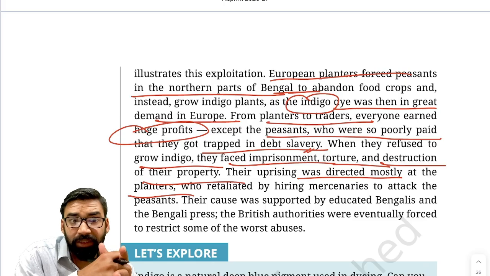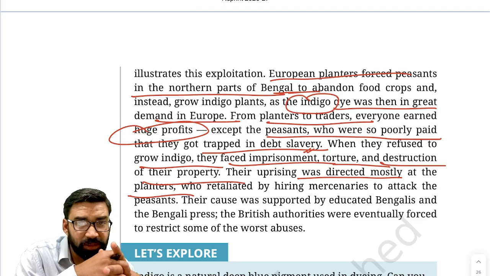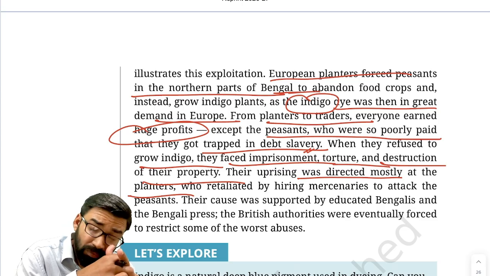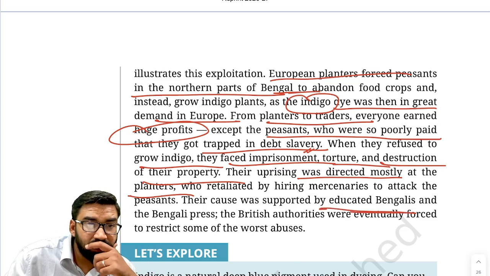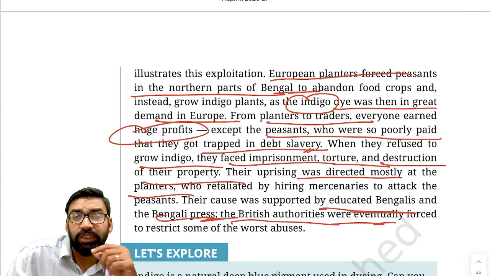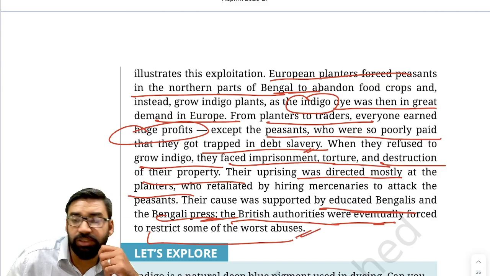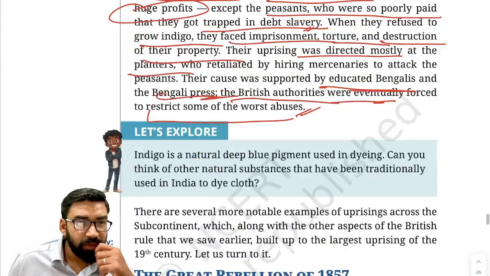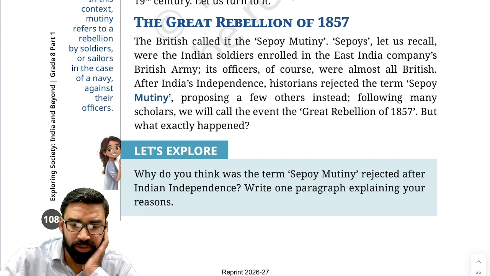And European planters retaliated by hiring mercenaries to attack the peasants. Clear? Now, this Indigo revolt was also supported by educated Bengalis as well as the Bengali press. Clear? That is why British authorities were eventually forced to restrict some of the worst abuses. Clear? These things were there. So all these revolts took place during this period.